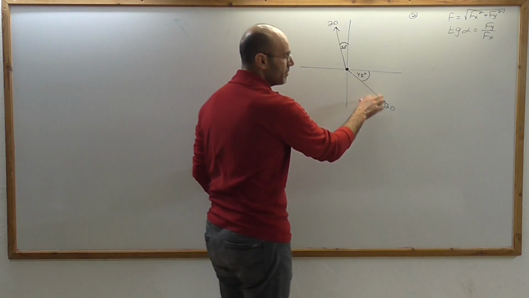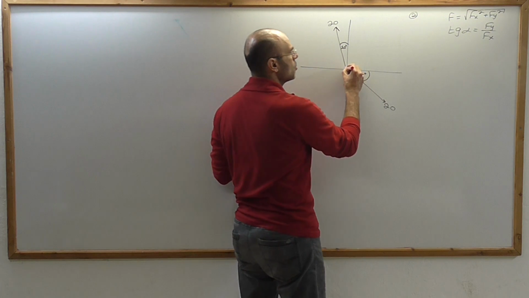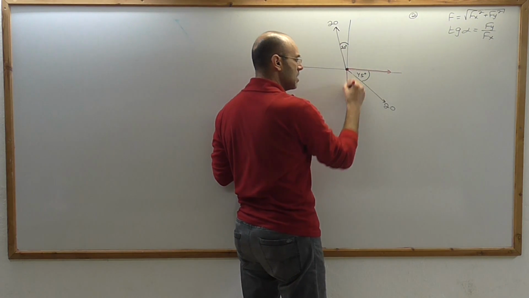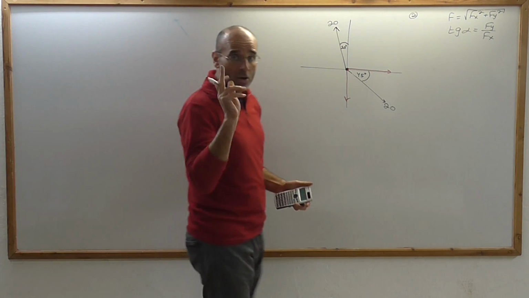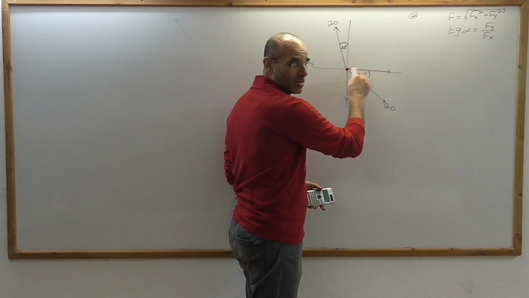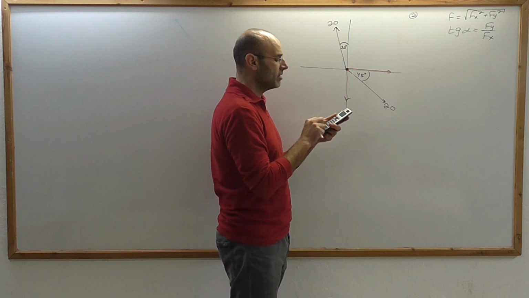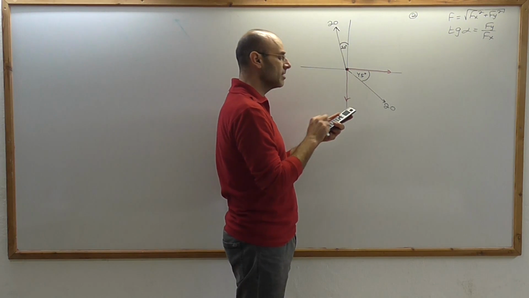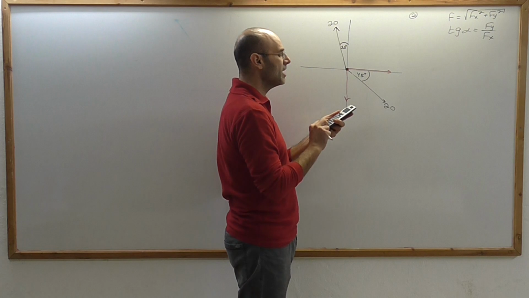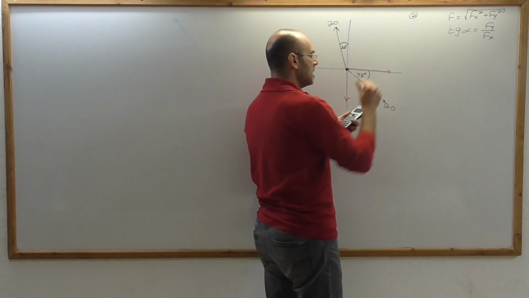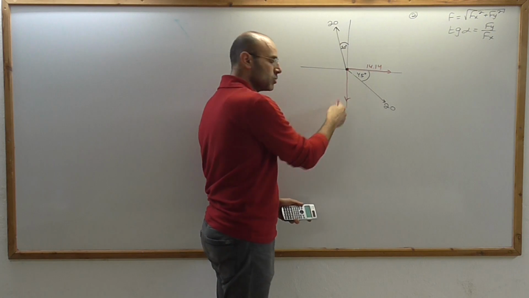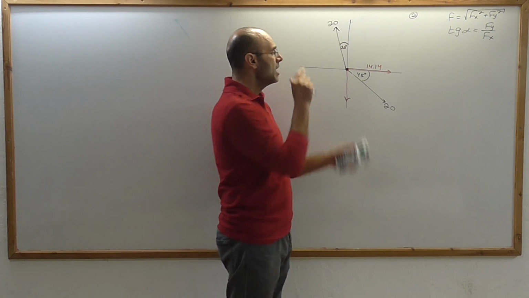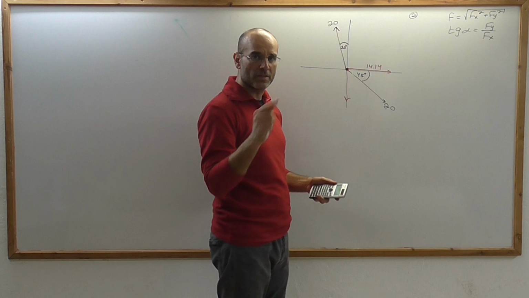We break this vector into its components. So it's the x component and the y component. Who gets the cosine? Always the x component. So I'll do 20 cosine 45. It's 14.14. This one will get the sine, so I'll do 20 sine 45.